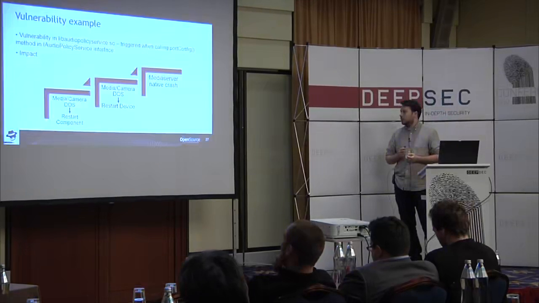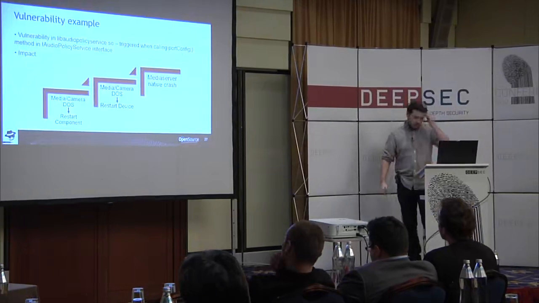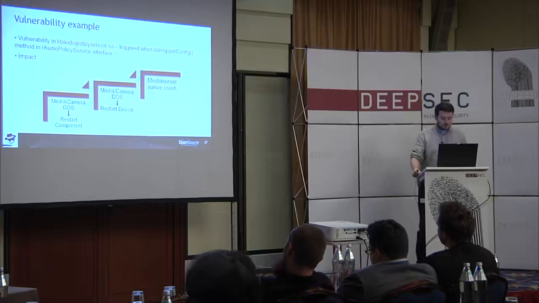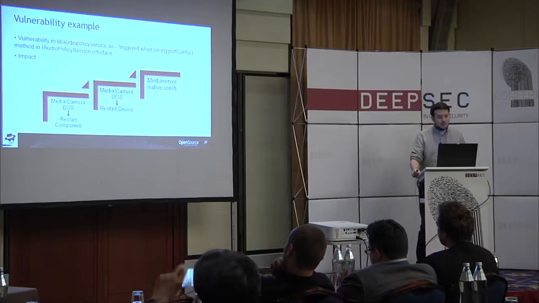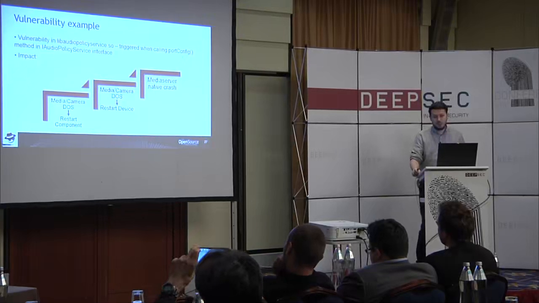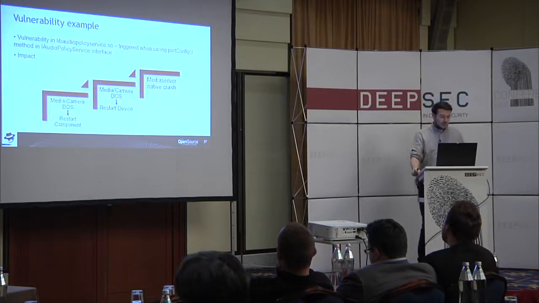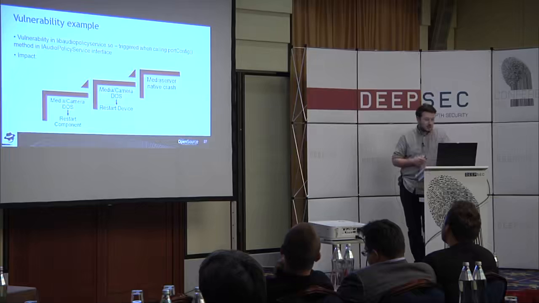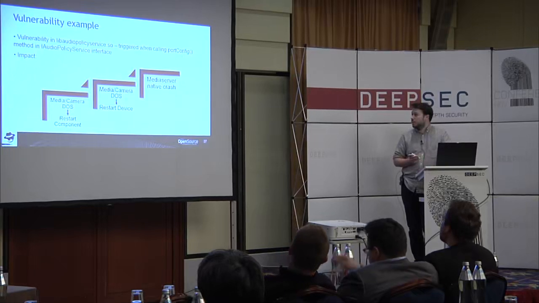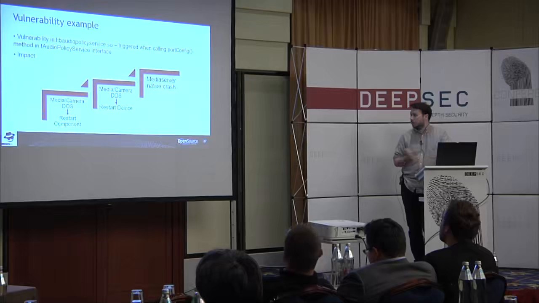Now, I'm going to show you a little example of the type of issues that could be triggered by this type of fuzzing campaign. So the vulnerability that I'm going to talk about is present in a library in the audio policy service interface, the libaudio-policy-services.so.